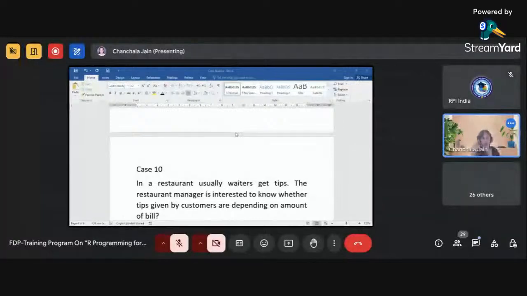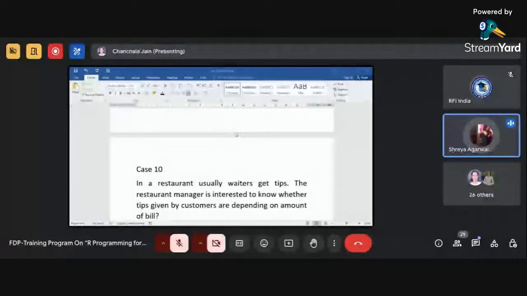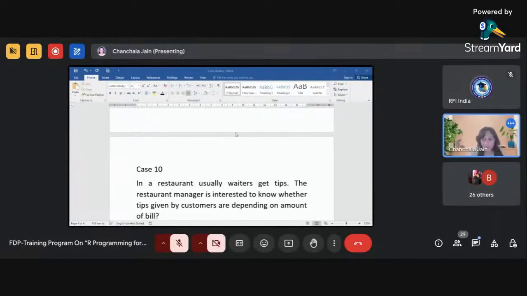Ma'am, I wanted to ask something. When we talk about simple regression and the residuals, when we talk about some assumptions regarding the residuals, don't we say there should not be any correlation among residuals?